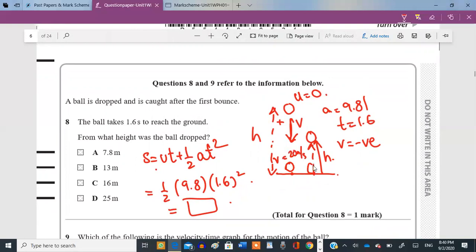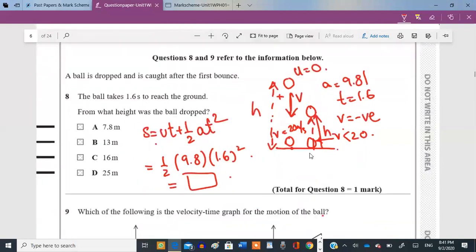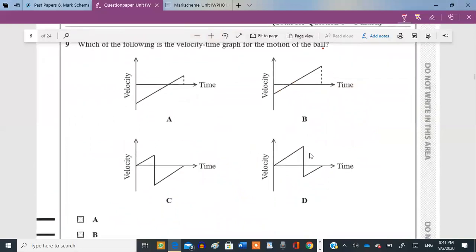Then as this ball leaves the ground, its velocity would be less than 20, because usually when balls are dropped and caught after the first bounce, energy is lost, and it's usually an inelastic collision. Even if you look at the graph, the negative and the positive velocities have different values, okay?